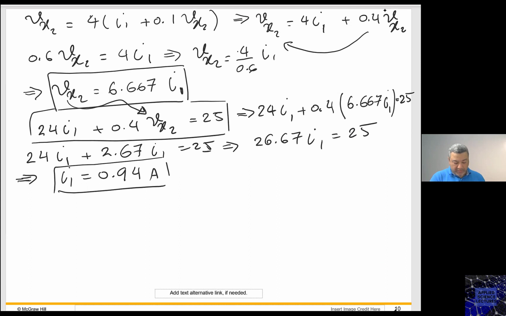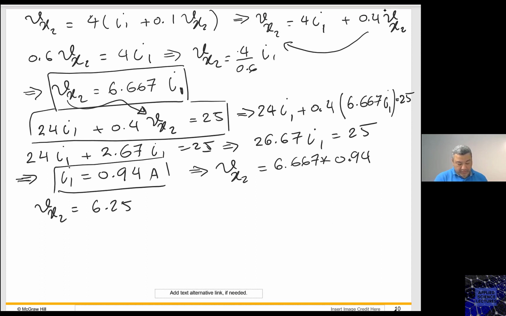So Vx2 is 6.667 times 0.94, and Vx2 is 6.25 volts.